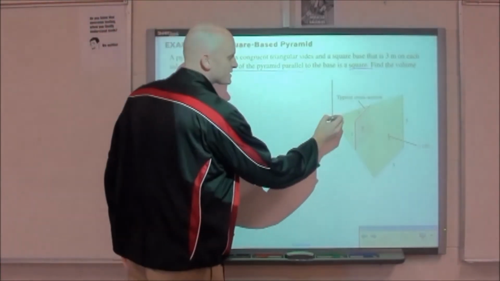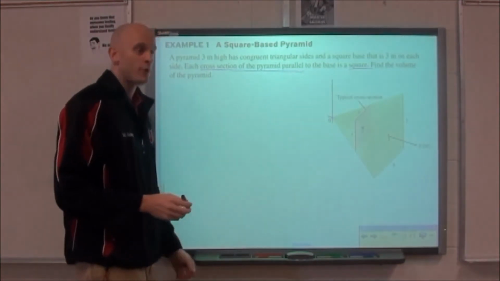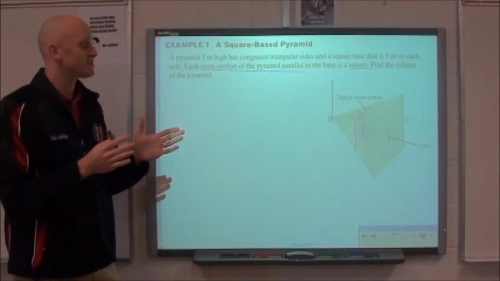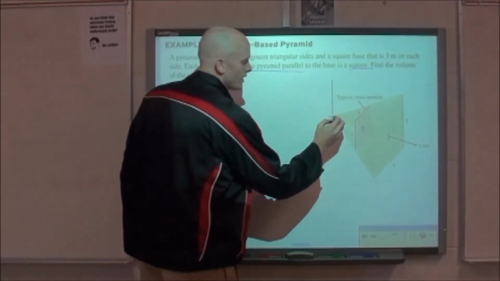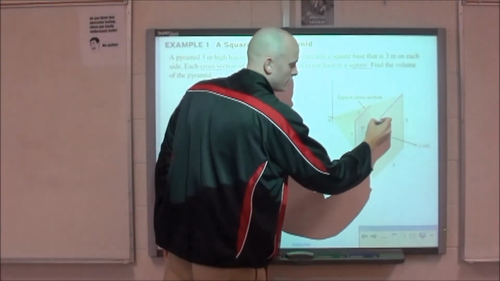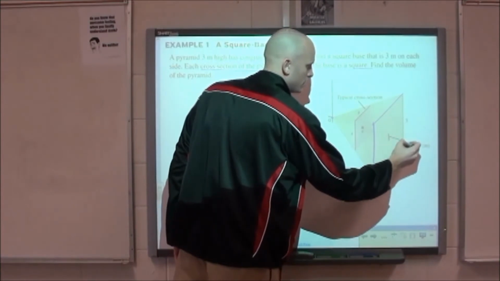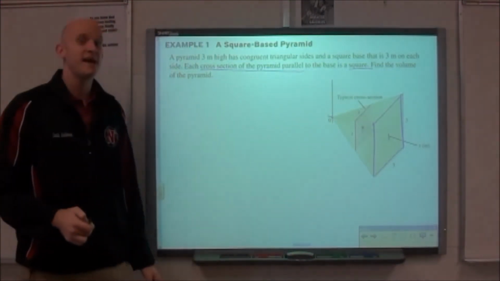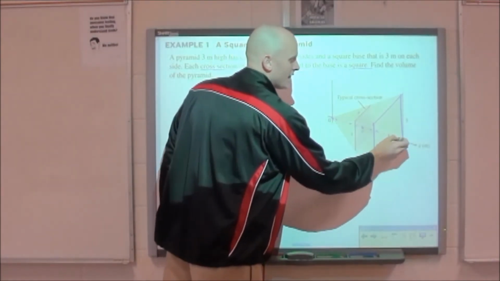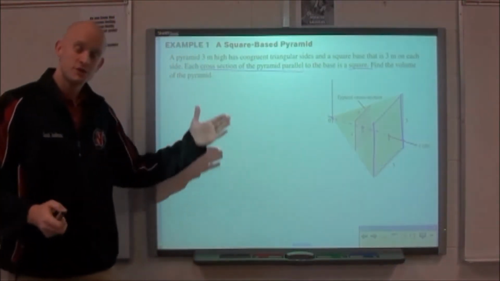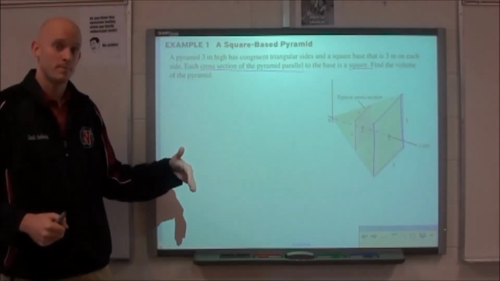Now, it starts at the origin. And we know that that pyramid is 3 meters high. This is the base of the pyramid. The x-axis kind of runs like an altitude straight down through the middle.